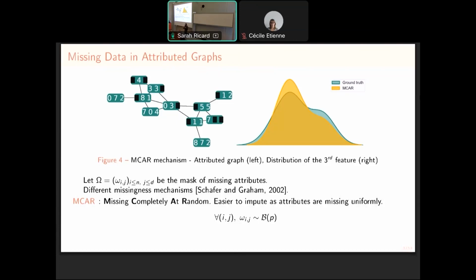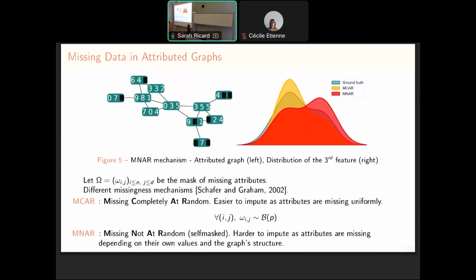It's not really at random, but I mean, it has no link with the graph property itself. And so as you can see, it doesn't change the distribution as much. In this case, it changes it a little because this is a toy graph that is very small. But if the graph was larger, the distributions would overlap completely.